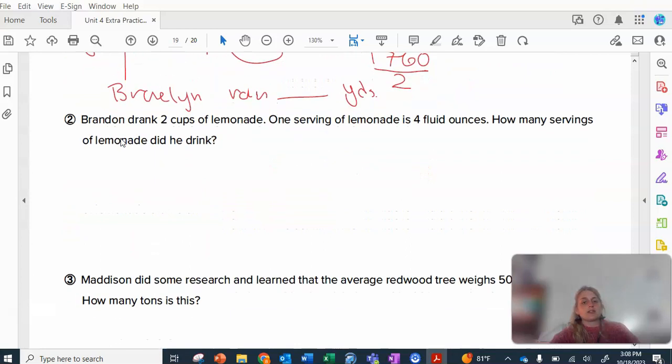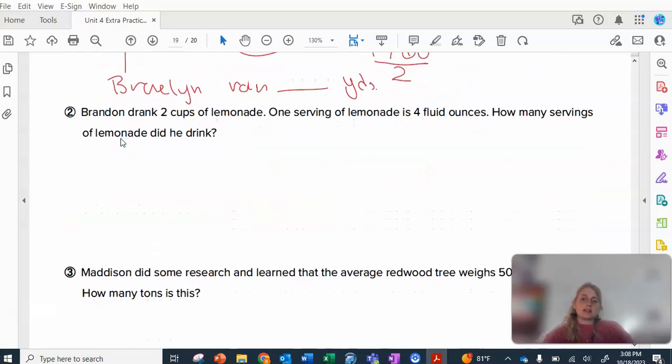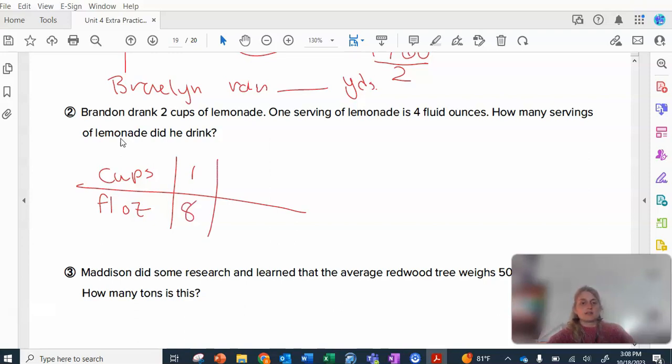Brandon drinks 2 cups of lemonade. 1 serving of lemonade is 4 fluid ounces. So we need to go from cups to fluid ounces. If you look at your star reference sheet, you'll see that 1 cup is 8 fluid ounces. So that means 2 cups is 16 fluid ounces, but 16 is not our answer. We have 16 fluid ounces, and we're splitting that into 4 fluid ounce cups.